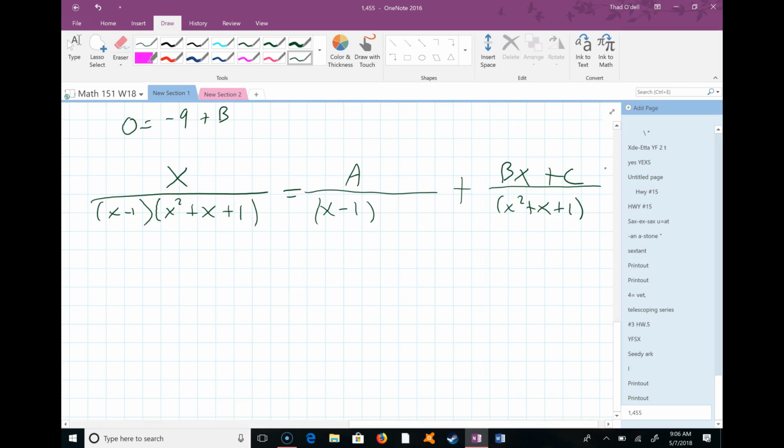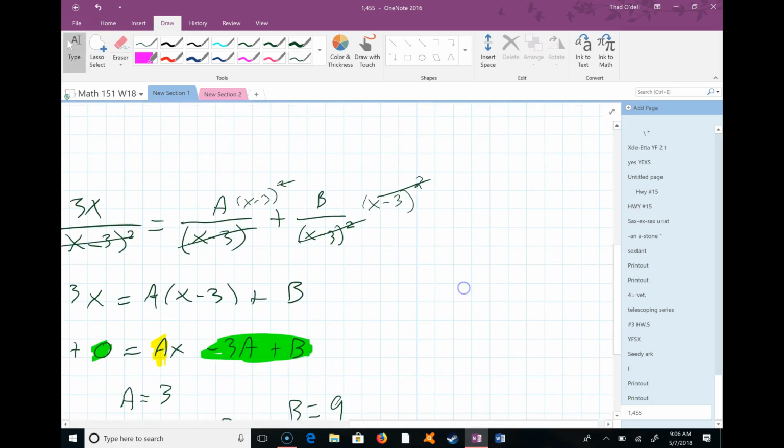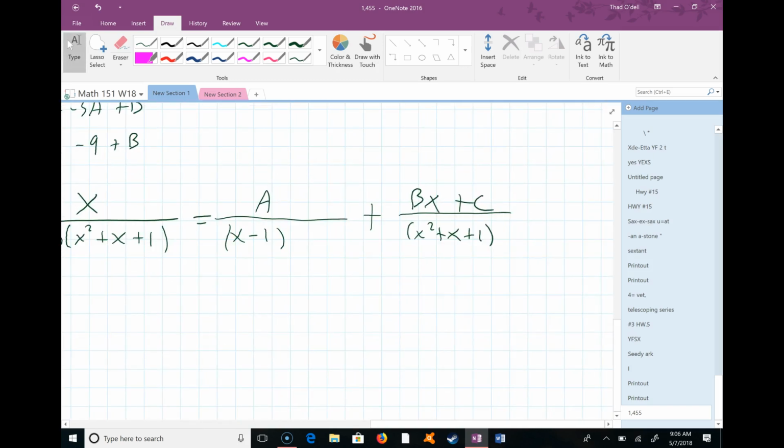Now, having just said that, notice up here, I didn't do that. That x minus 3 is a repeated factor, so I only put a b up there. I don't have to do it with a repeat factor. But if it's not a repeat factor and it's a quadratic, I have to build in the possibility of an x on top. Everyone understand that?